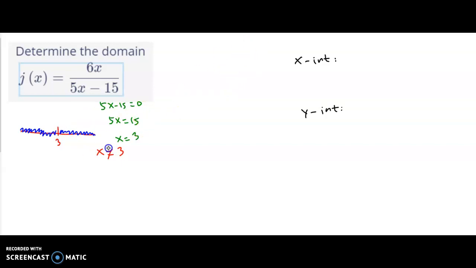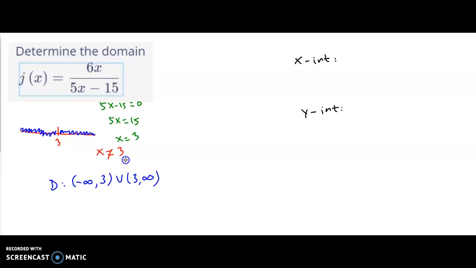So therefore, the domain here is going to be negative infinity, comma 3, with parentheses because x cannot equal 3, okay? Union of 3 comma positive infinity. Okay, so this blue interval is a way of saying the red.